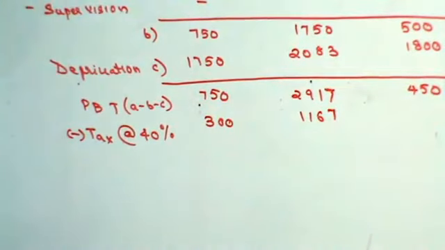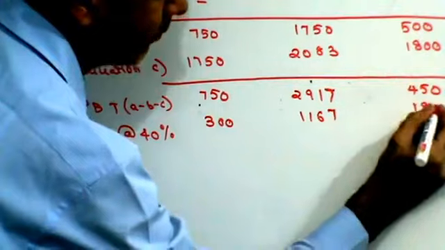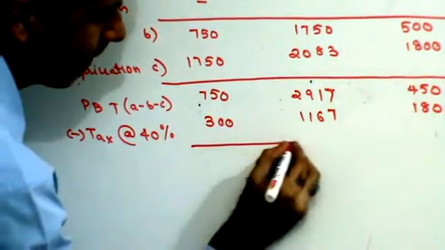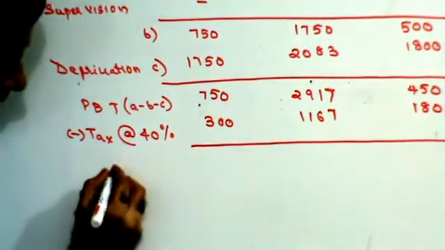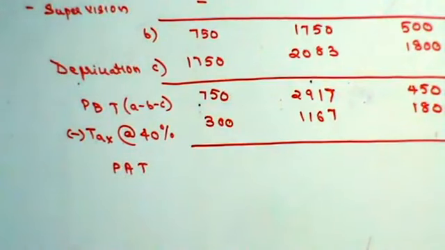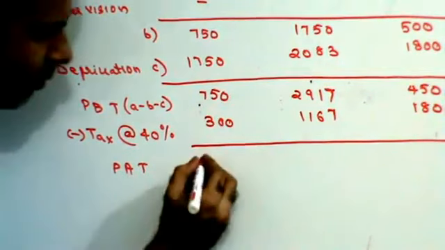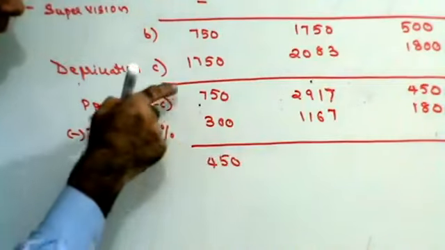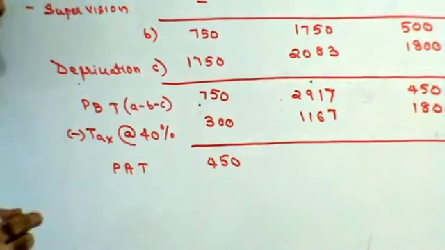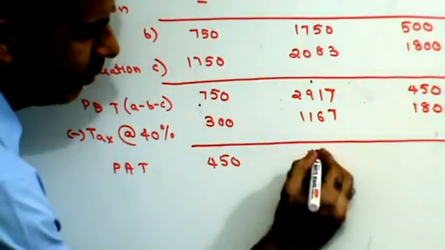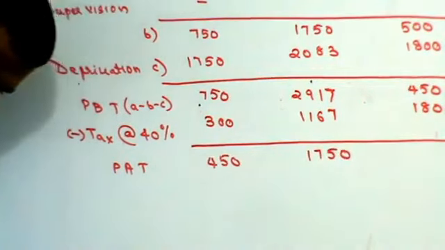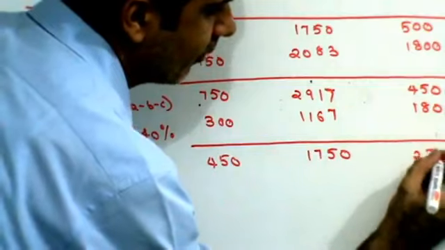And 40% of 450 is going to be 180. So this will give you PAT, profit after tax. Profit after tax is going to be 450. How did I get this, guys? I just subtracted these two figures. 750 minus 300 is 450, 2917 minus 1167 is 1750, and it is going to be 270.